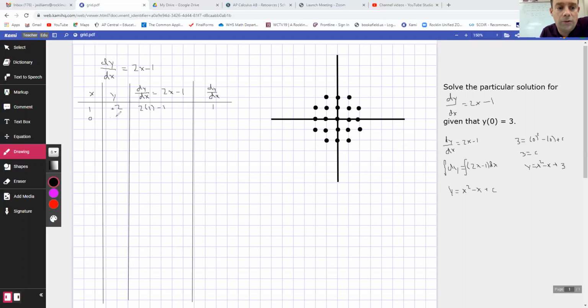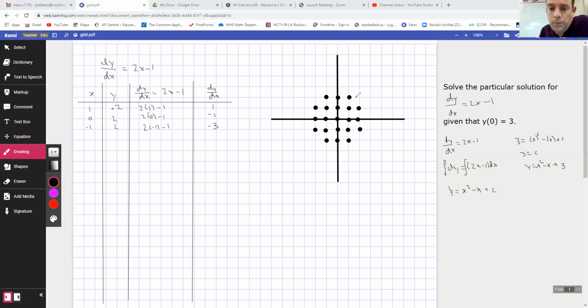I don't know why I put -2 there. 0, 2, so 2 times 0 minus 1 would be -1. And for the point 1, 2, it would be 1.